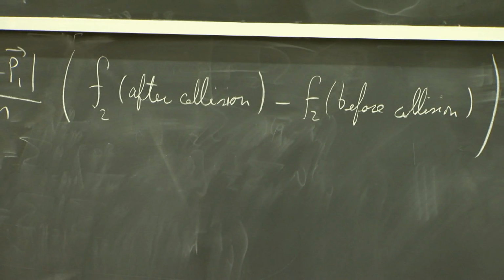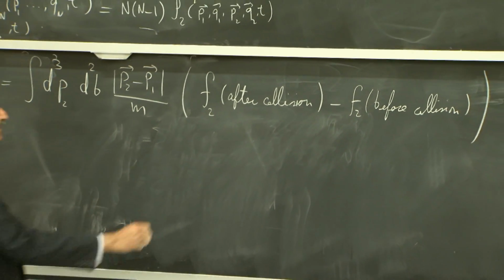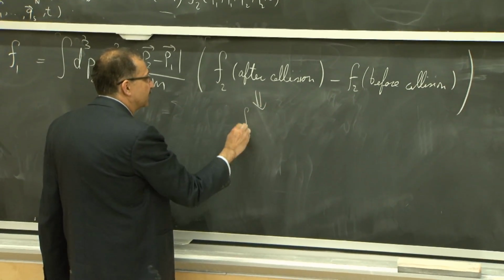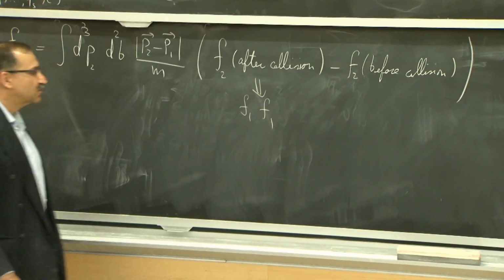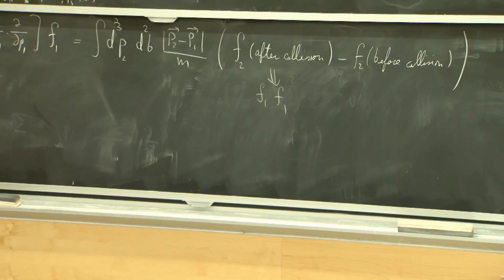And this is really the Boltzmann equation after one more approximation where we replace F2 with F1, F1. But what all of that means symbolically and what it is, we'll have to explain next time.